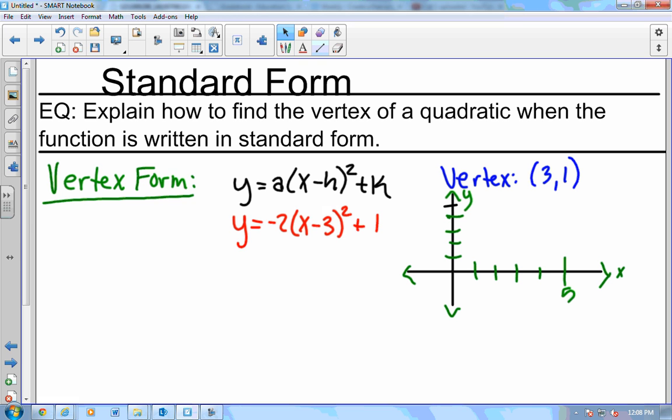I think this y-axis needs to be a little longer if I think about it. Whoa, what happened there? There we go. 1, 2, 3, 4, negative 5. Okay, the vertex is 3, 1. So we go right 3, up 1.